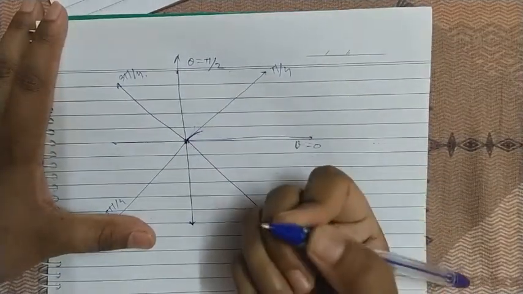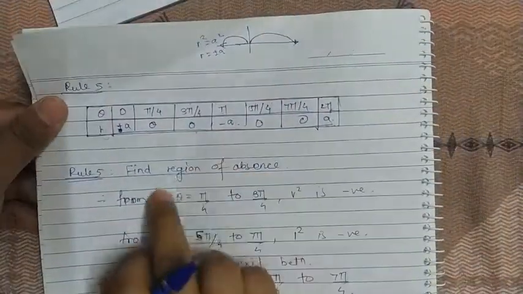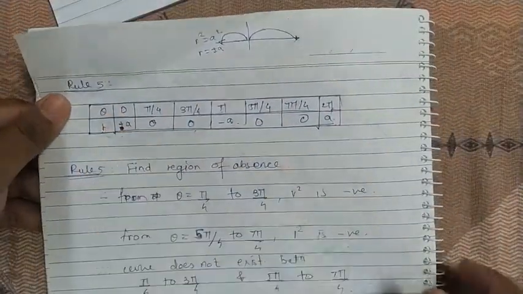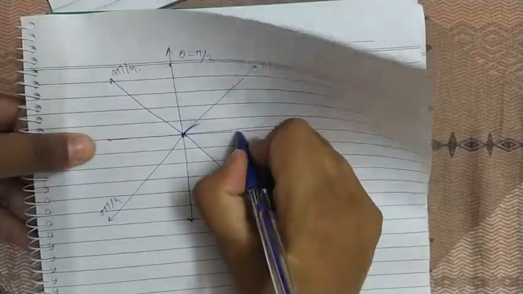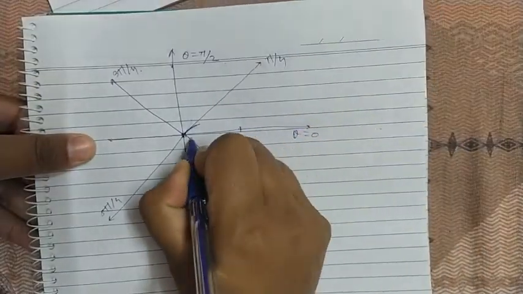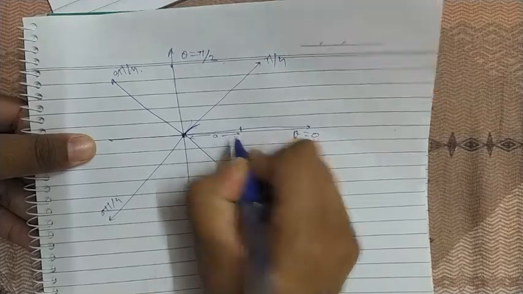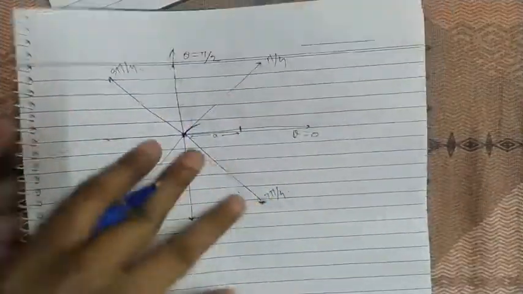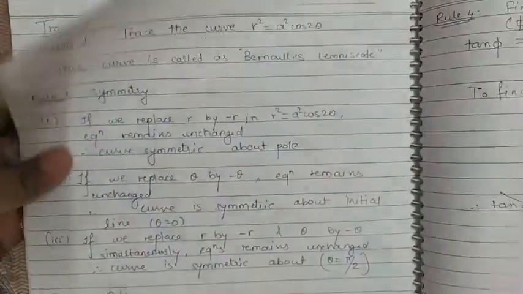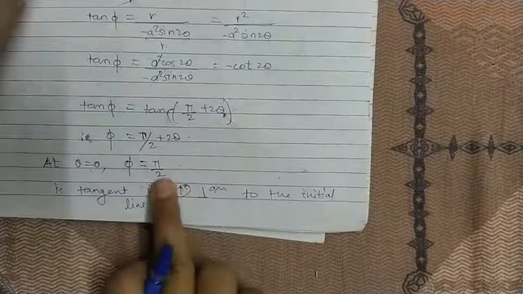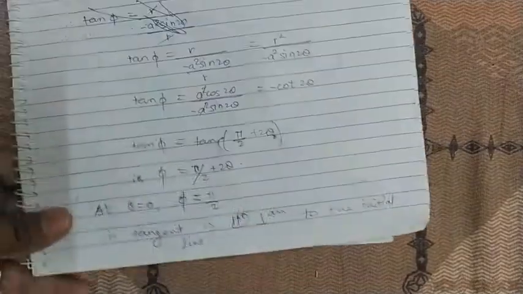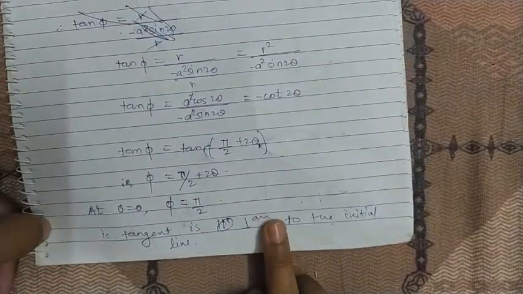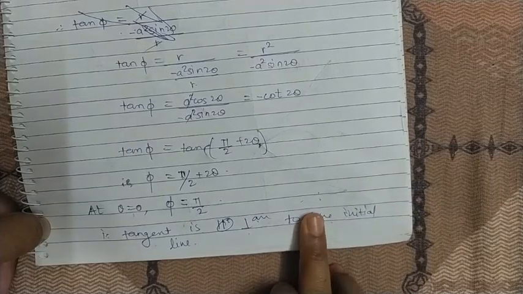Okay, now see, we will plot the points. So what are the points? For theta equal to 0, r is a. So let us consider this distance is a. Now in the angle between tangents and radius vector, what we have found is, if on the initial line a tangent exists, then that should be perpendicular to the initial line.